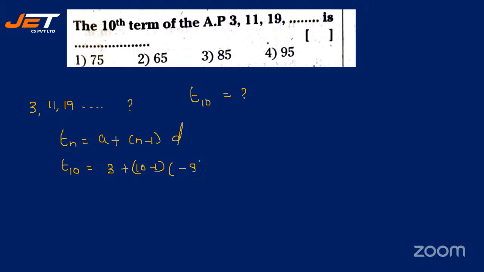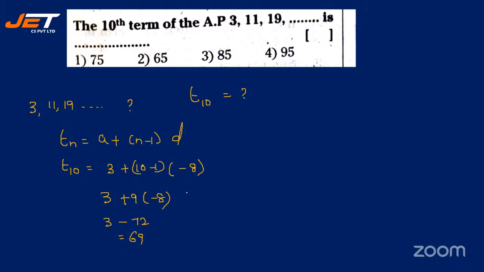11 minus 3 is 8. So 3 plus 9 into 8, 9 8s are 72, which is 75.